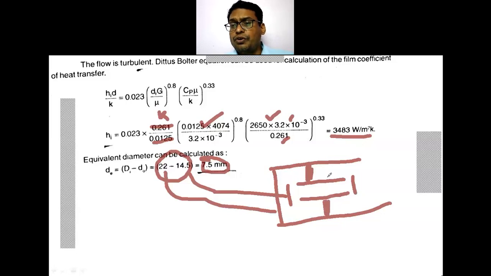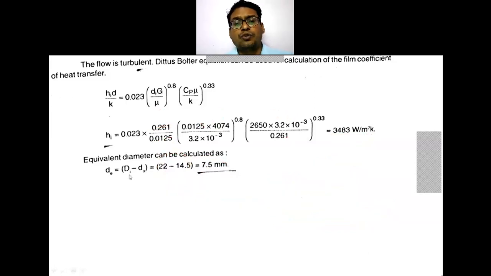We don't know the actual diameter. When we want to calculate the velocity, you require the diameter, but for this you cannot have a specific diameter, and for that purpose we use the equivalent diameter. And equivalent diameter is calculated as the inside diameter of the outside tube minus the outside diameter of the inside tube.